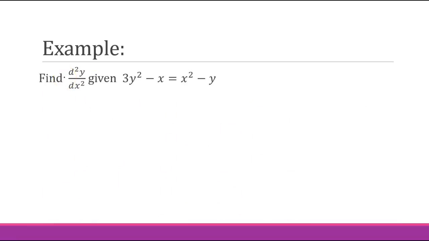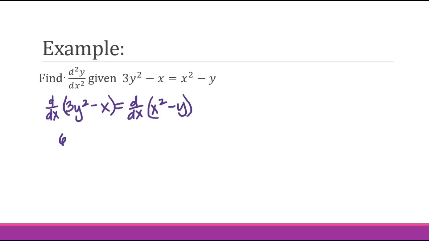In this example, we have to find the second derivative with respect to x given 3y squared minus x equals x squared minus y. So we need to start by taking the first derivative. We're going to take d dx of both sides, d dx of 3y squared minus x, and d dx of x squared minus y. So fairly straightforward in terms of implicit differentiation here.